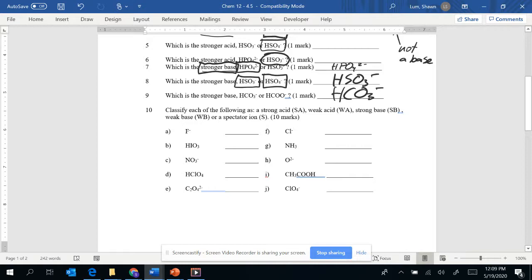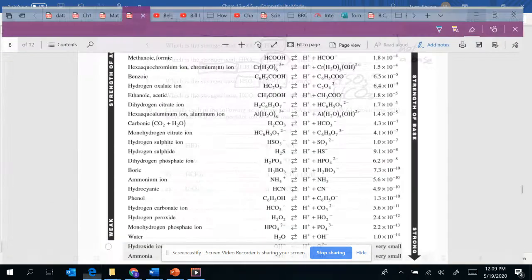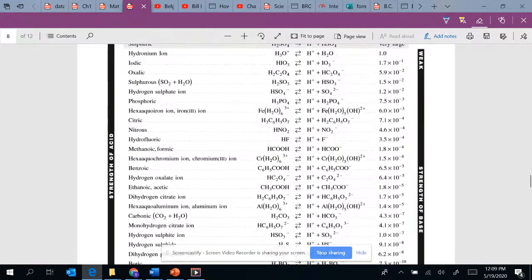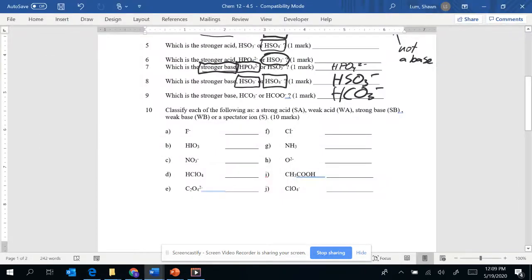So you just look up F minus, and what we find here is that we found F minus to be right here. F minus is right there. It is on the base side, okay, has a number associated with it, so therefore it's a weak base. Weak base. Now I'm going to jump over to Cl minus because I think this has a good contrast to this.